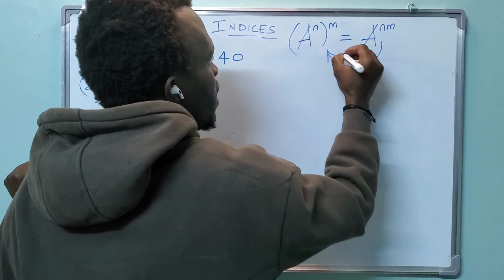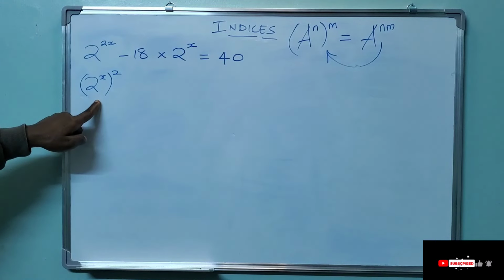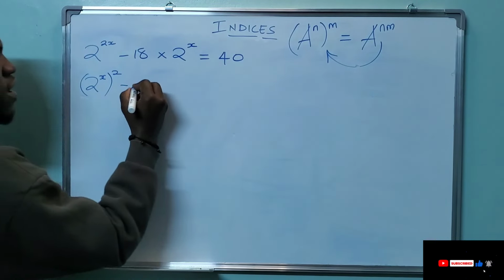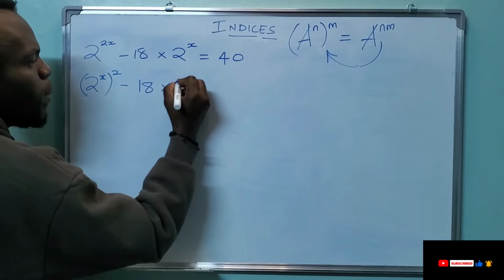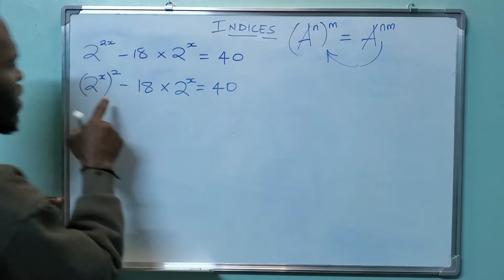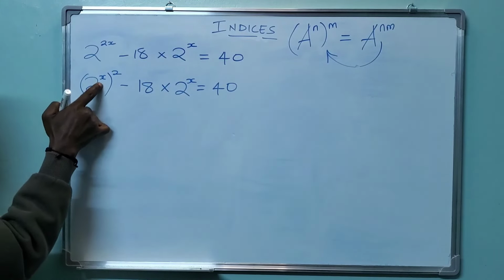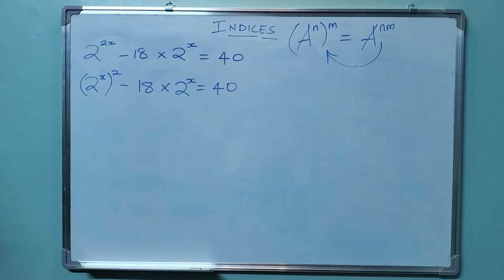So I can split it also, I can take it back to that, to have something like that. Minus 18 multiplied by 2 raised to power x being equals to 40. Once I do this, I realize that I have here 2 raised to power x squared and here 2 raised to power x, which are similar to one another.